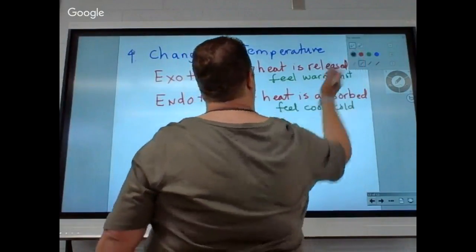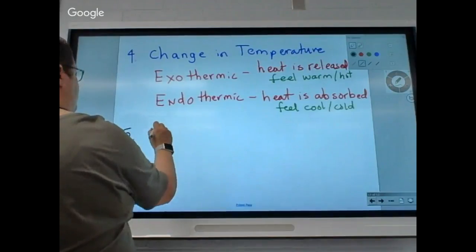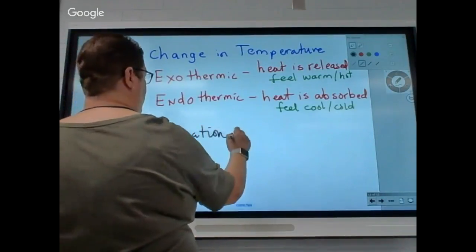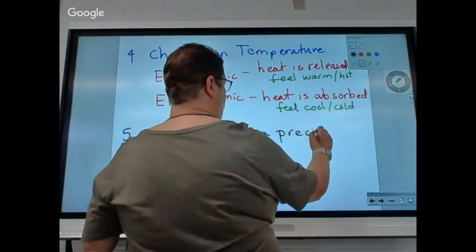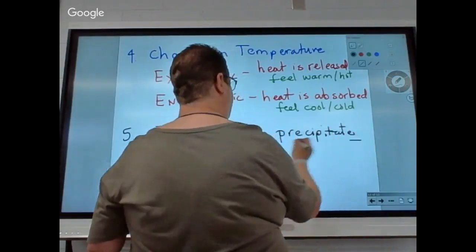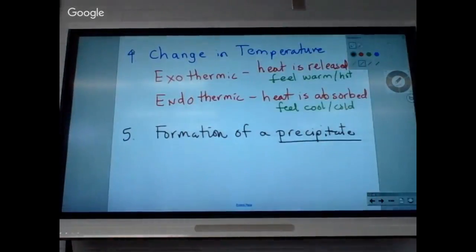All right, so the last thing you're looking for is the formation of a precipitate. Now, when I say precipitate in chemistry class, I am not talking about rain, sleet, snow, or any of those other things that fall from the sky. Okay?